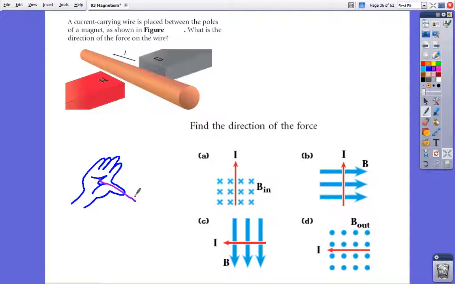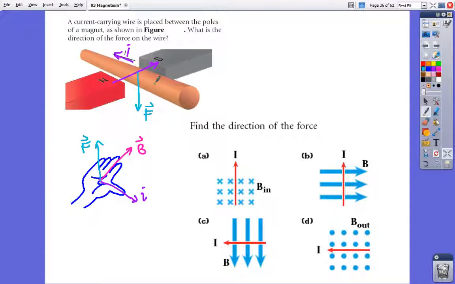Remember, the thumb is I, this one is B, and the direction of your palm is the force. So look here: I here, B from north to south, and then where's the F? F is directed downward.